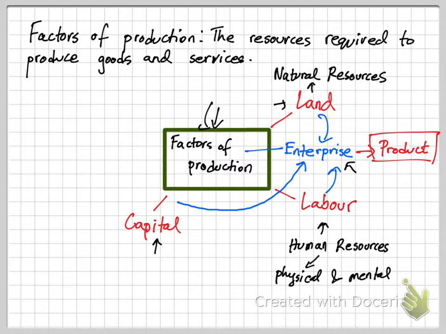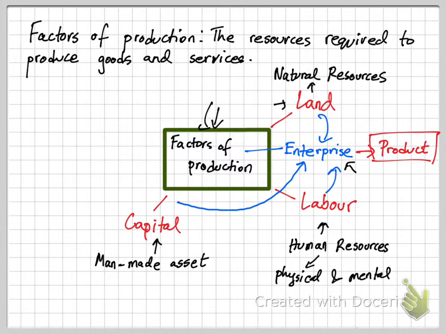Capital are all man-made assets, and this is important. This is an important distinction between capital and a lot of other factors of production, right? So capital needs to be made by human beings, which means that it has already been produced. So it is essentially another product that you use to make other products.